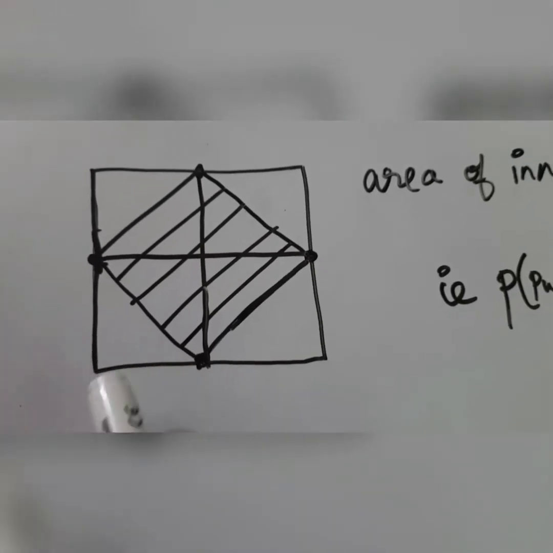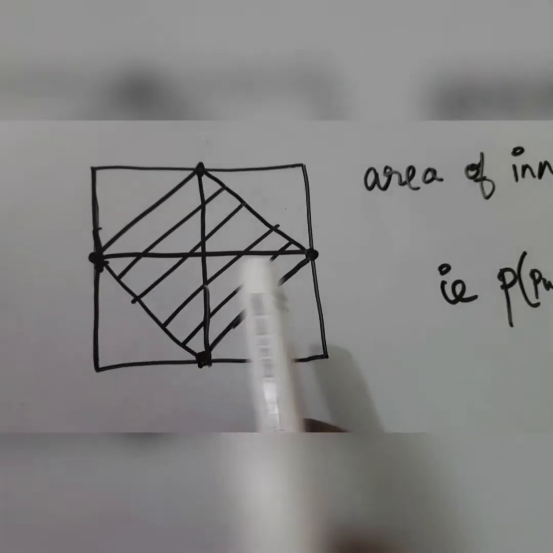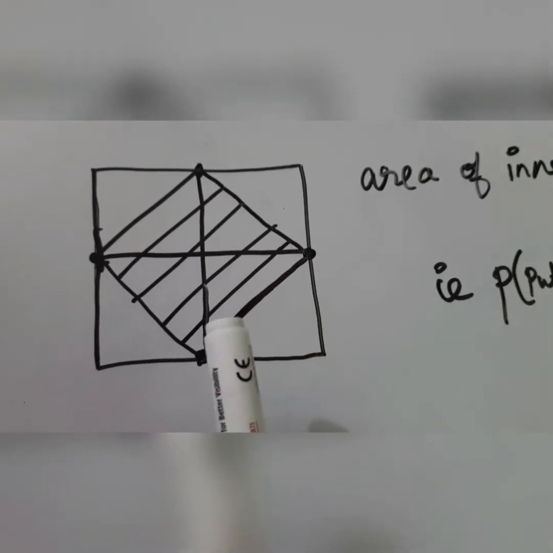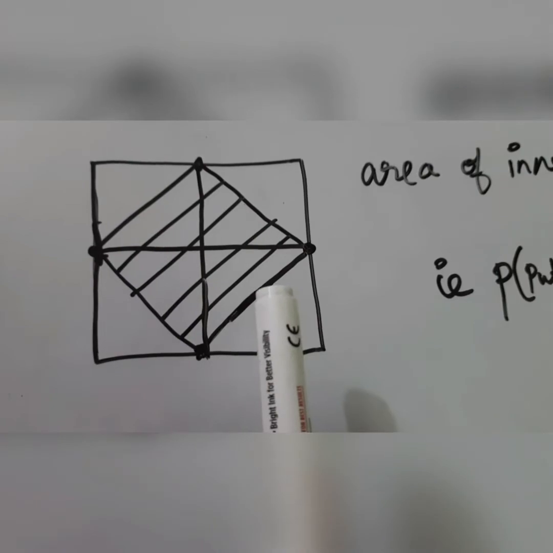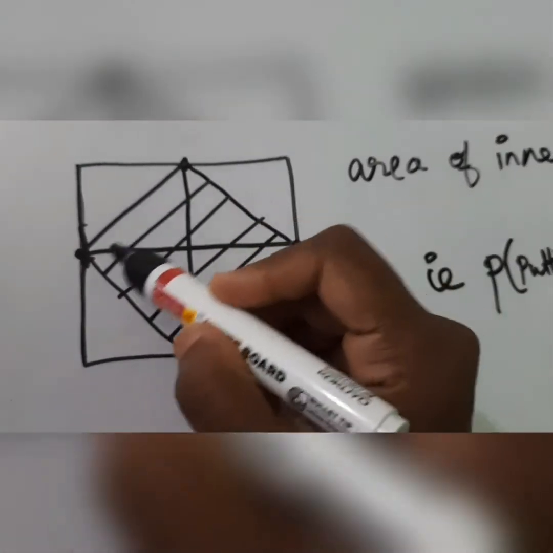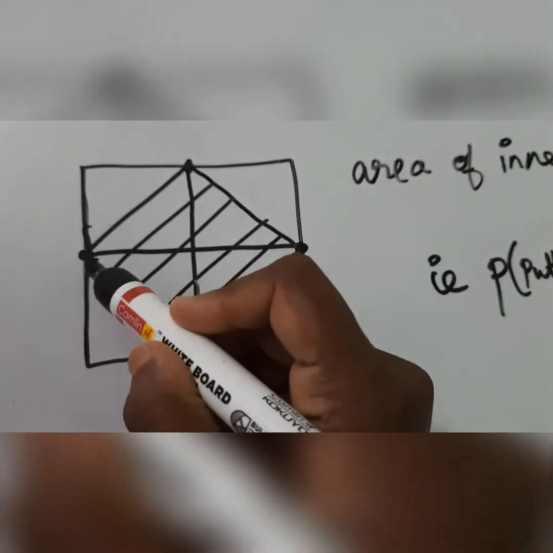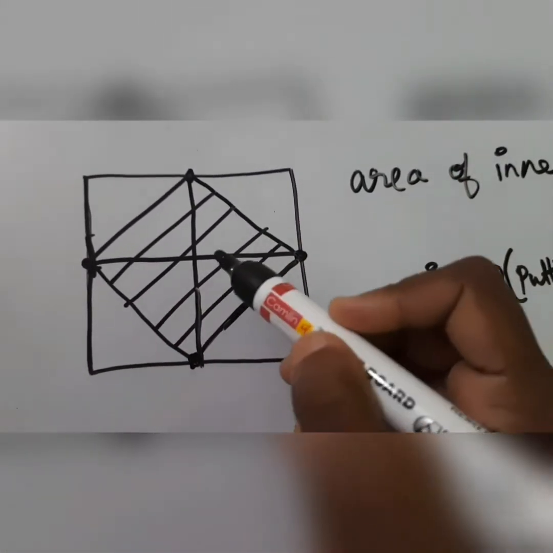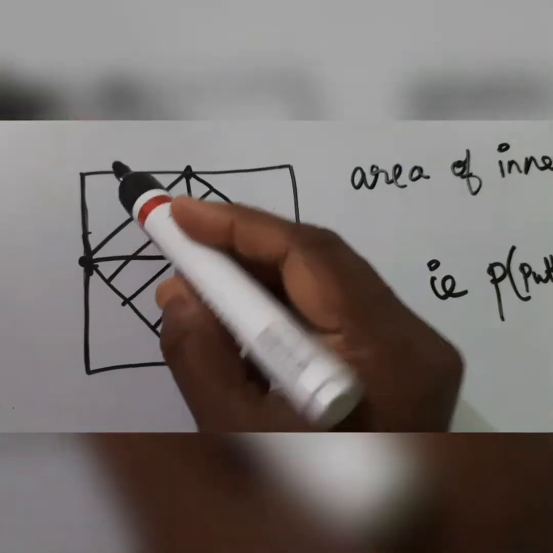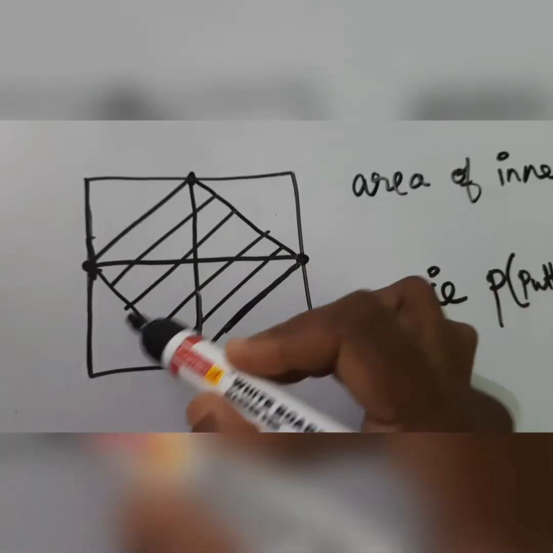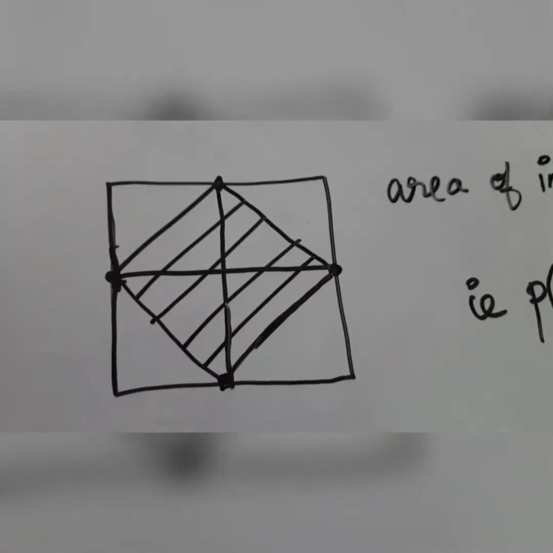Next method: if we can divide this picture equally, we can find the probability using fractions. So if I join these diagonals, I get equal parts: 1, 2, 3, 4, 5, 6, 7, 8 equal triangles.